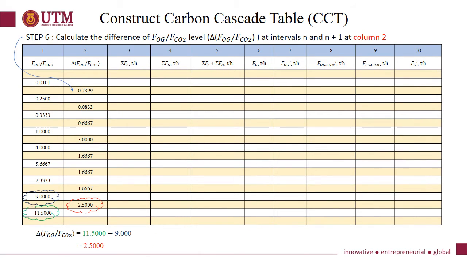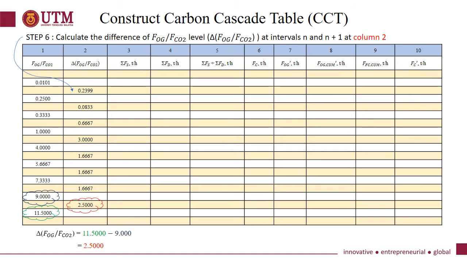Next, in column 2, we calculate the difference of the FOG over FCO2 levels from column 1. For example, the value in column 2 that is circled in red is obtained by calculating the difference of the FOG over FCO2 levels from column 1, which are circled in green and blue.